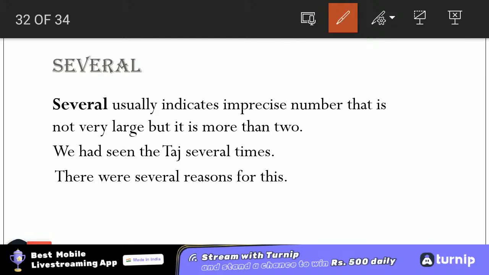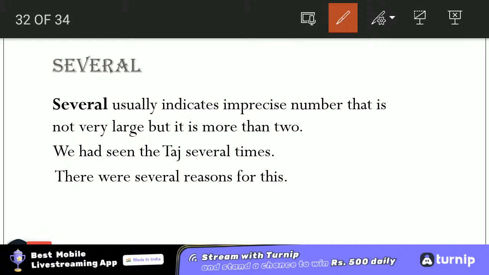The next and the last determiner which we will be talking about today is several. Several कहाँ पे use होता है students? Several usually indicates an imprecise number that is not very large but more than two. कोई perfect number नहीं दिया आपको कितनी बार, but दो से ज़्यादा बार. In that case we use several.